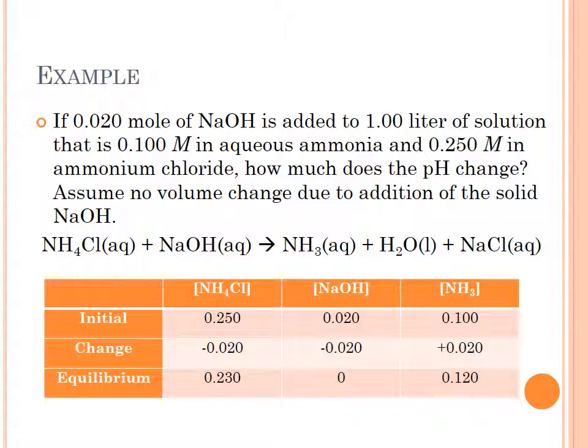So the ammonium and the sodium hydroxide are going to lose 0.02 moles, where the ammonia is going to pick that amount up. And so we've got 0.23 molar ammonium chloride, no sodium hydroxide left, and 0.120 molar ammonia.